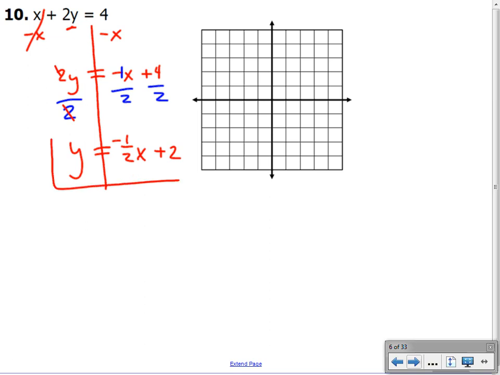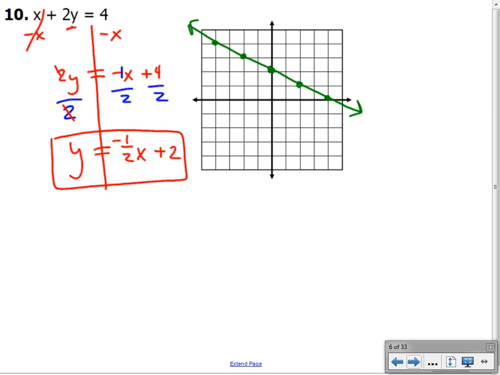So here is our equation after it has been rearranged into slope-intercept form. Again, we can graph by plotting our y-intercept and then using our slope to get to the next point. In this case, we go down 1, right 2, down 1, right 2. Or if I wanted to backtrack, I could go up 1, left 2, up 1, left 2. Then we can connect and we have our graph again.